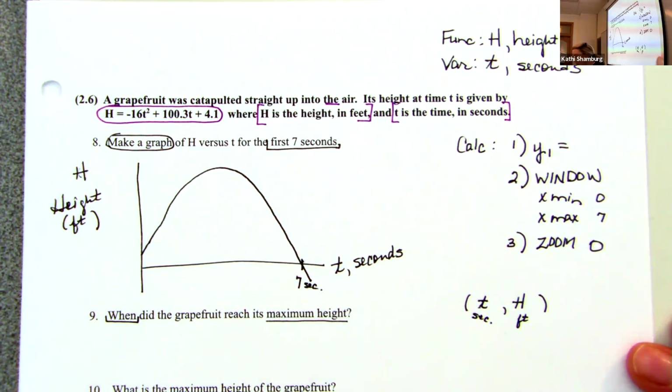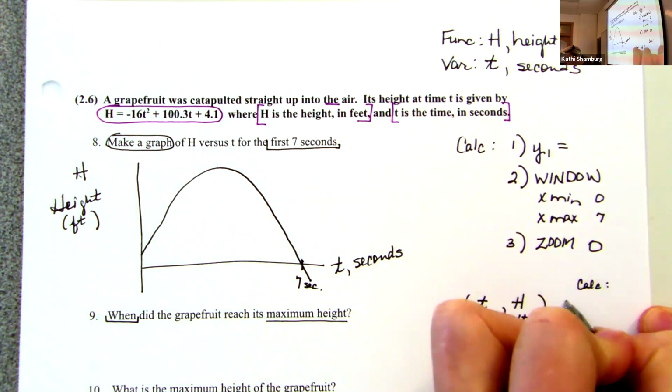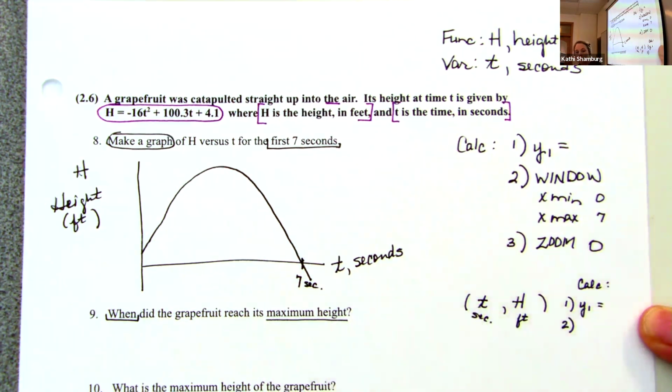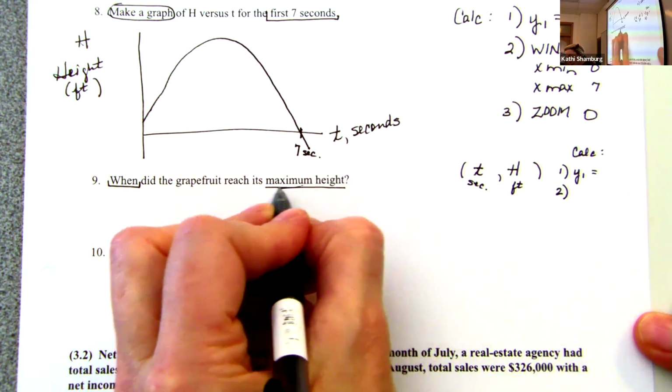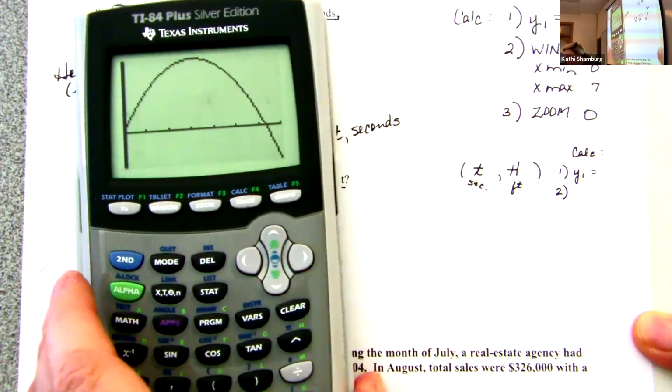All right, so in the calculator, we've already got our y1 equals. So to find the maximum, where do I go? Second trace.